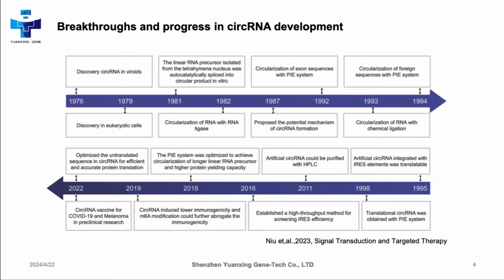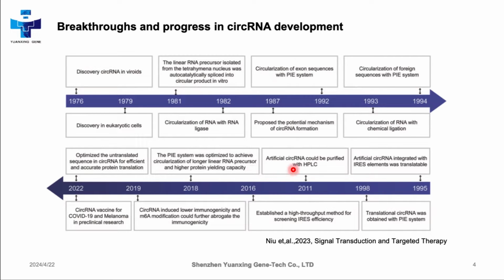And then let's see some breakthroughs and progress in the circRNA development. The circRNA was first discovered in 1976, and then in 1979, it was also discovered in the eukaryotic cells. In the following decades, the PIE systems, the IRES, and others like the purification and the modifications were successfully detected and well studied.